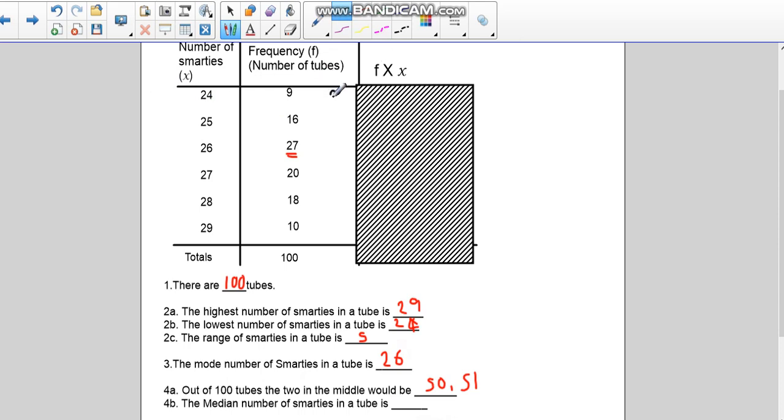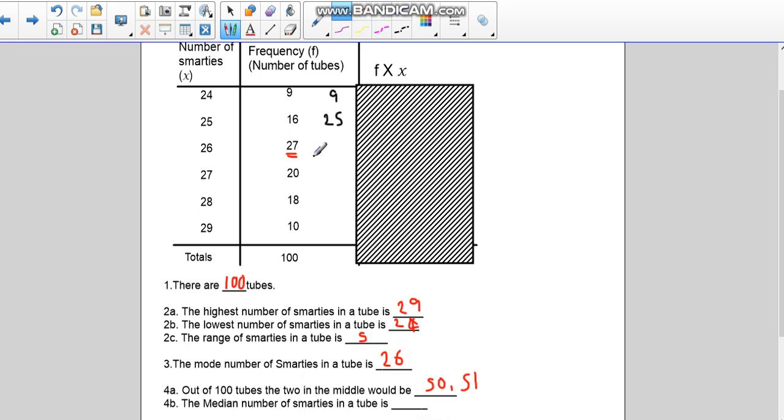I'm just going to write that there. There were 16 tubes with 25 Smarties in. So altogether I've got 9 and 16, that adds up to 25. So I've got 9 24s and 16 25s.